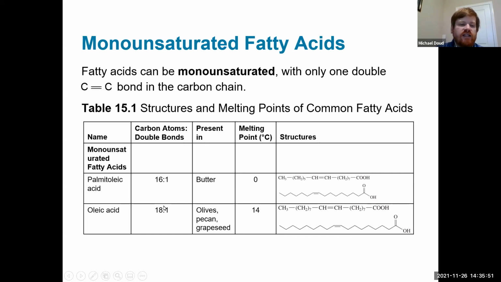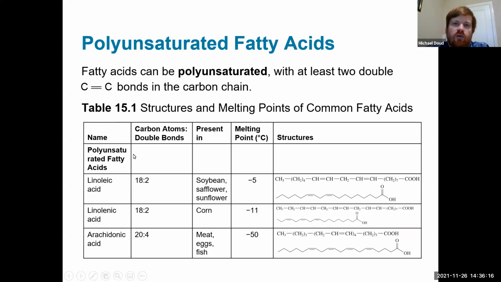So oleic acid has 18 carbons and one double bond. So again, that's an 18-to-1 ratio. Again, we increase the number of carbons, we increase the melting point, but we're still below room temperature. So that's why you have olive oil, canola oil, etc., as liquids at room temperature. Butter is solid because it has a lot of saturated fats with it as well.